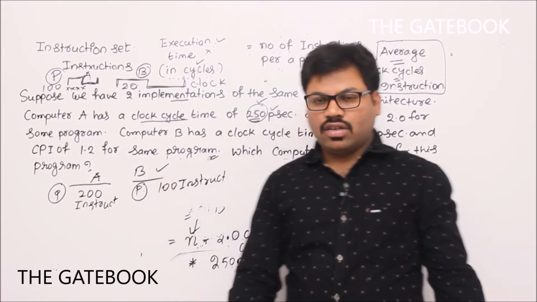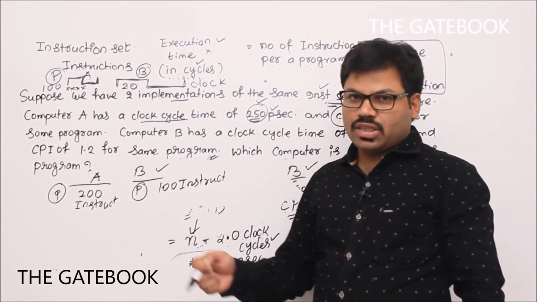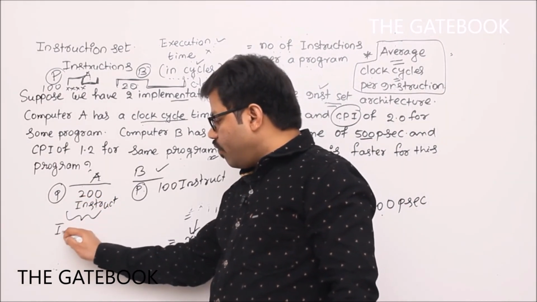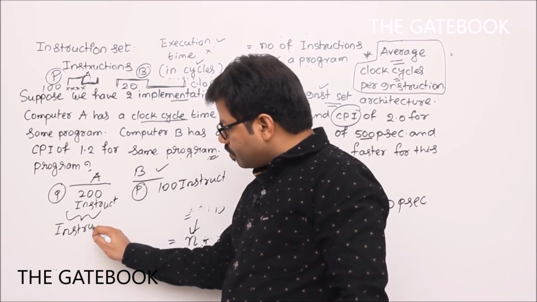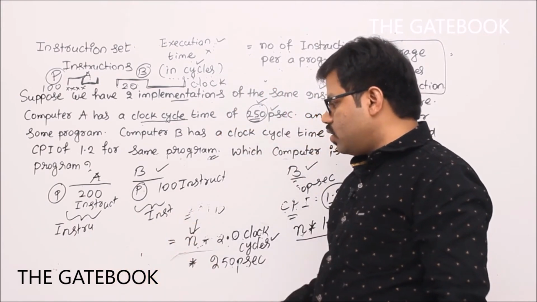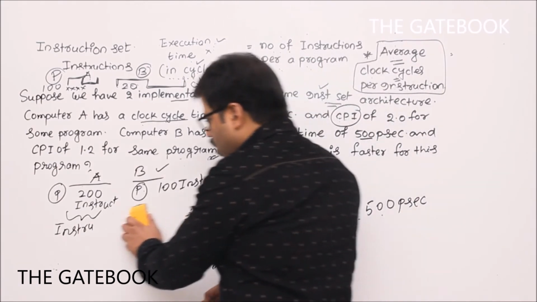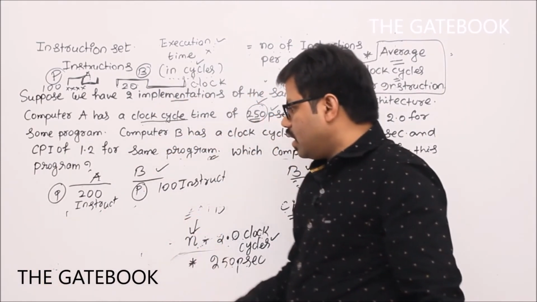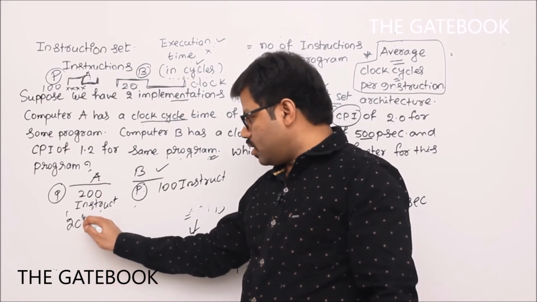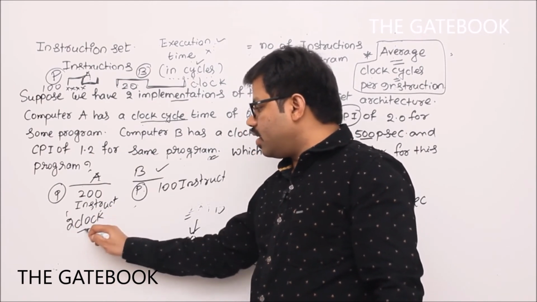Why, sir? Maybe this computer is implementing a different instruction set. Maybe because of the implementation, for these 200 instructions, each instruction may be taking 2 clock cycles. The machine might be designed that way.